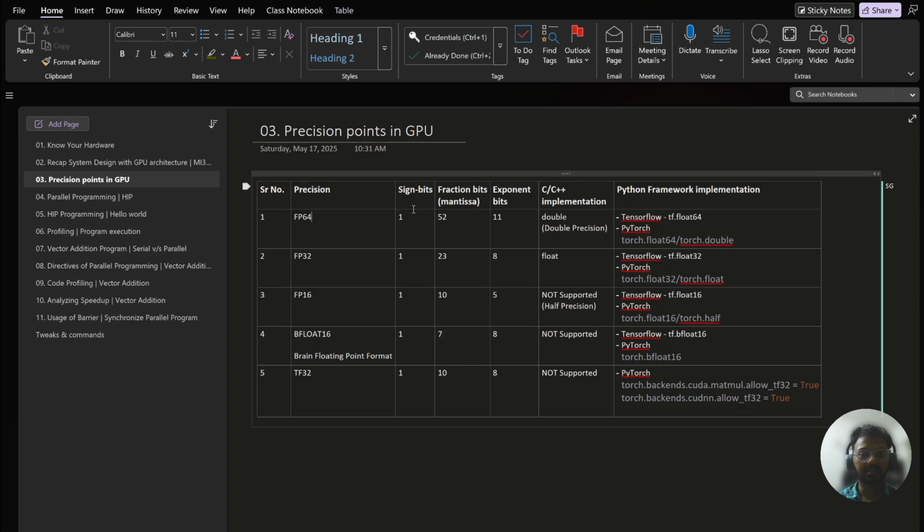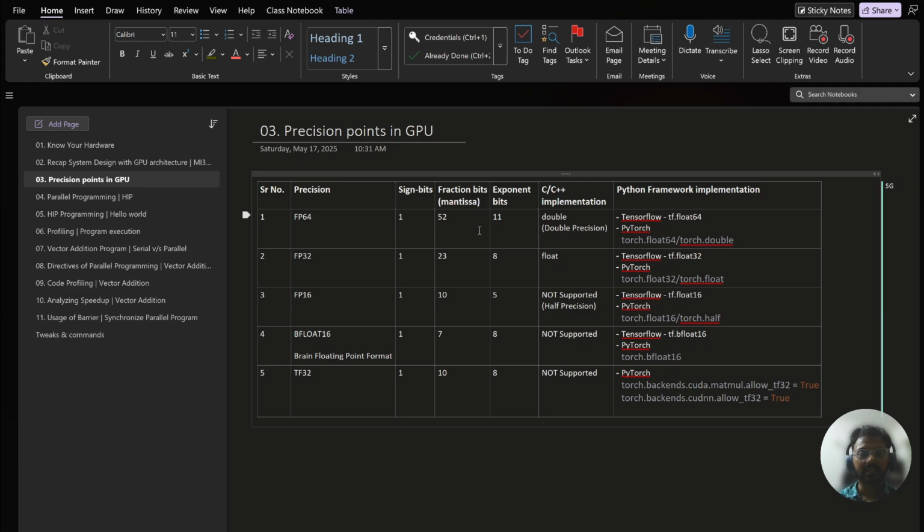That means it is using a total of 64 bits to represent a value. The first bit is always a sign bit, another 52 bits are the mantissa bits representing the fraction, and the 11 bits later represent the exponent value.